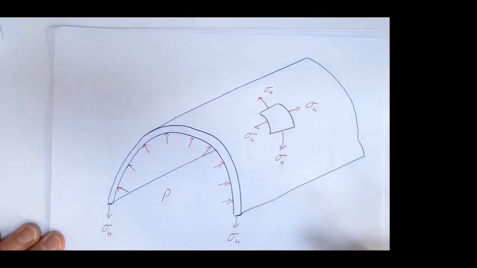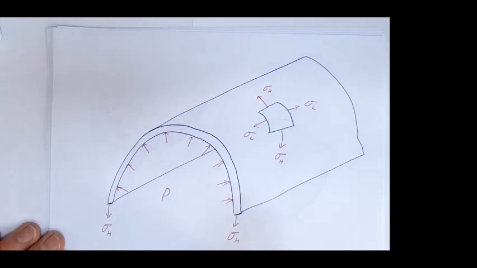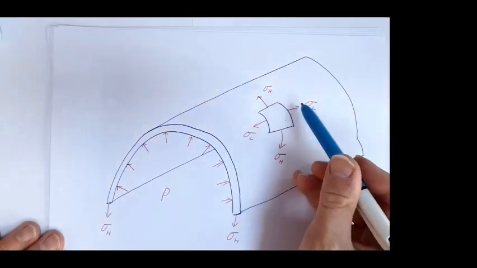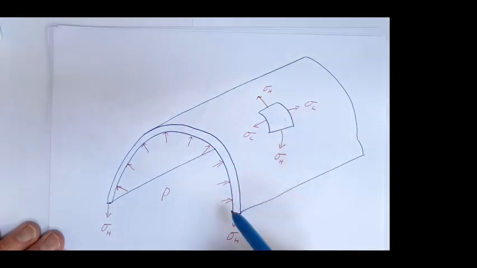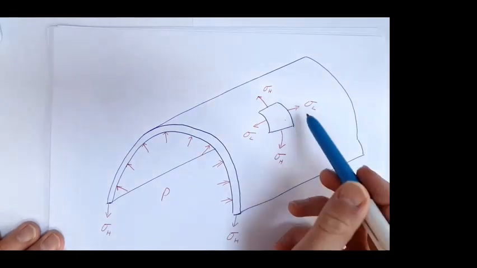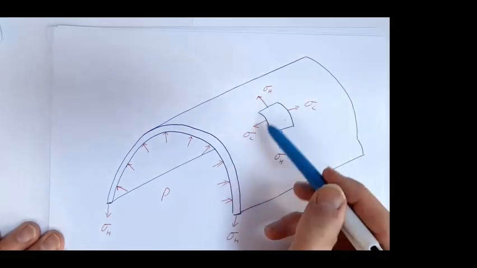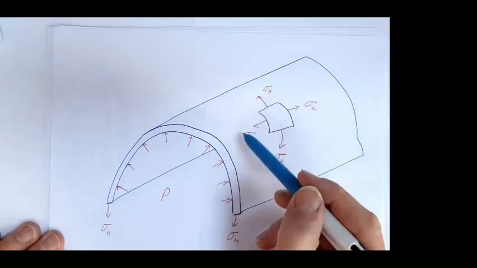Now, with thin cylinder theory, as long as our ratio of diameter to thickness is about 20 or greater, we can neglect that radial stress. That radial stress we will assume is constant through this thickness, and it's also insignificant in comparison to these hoop stresses and these longitudinal stresses.